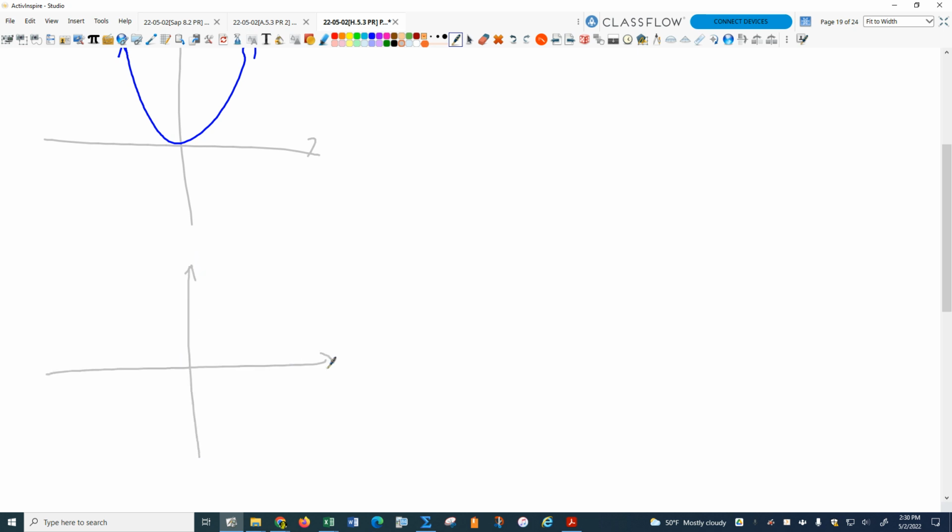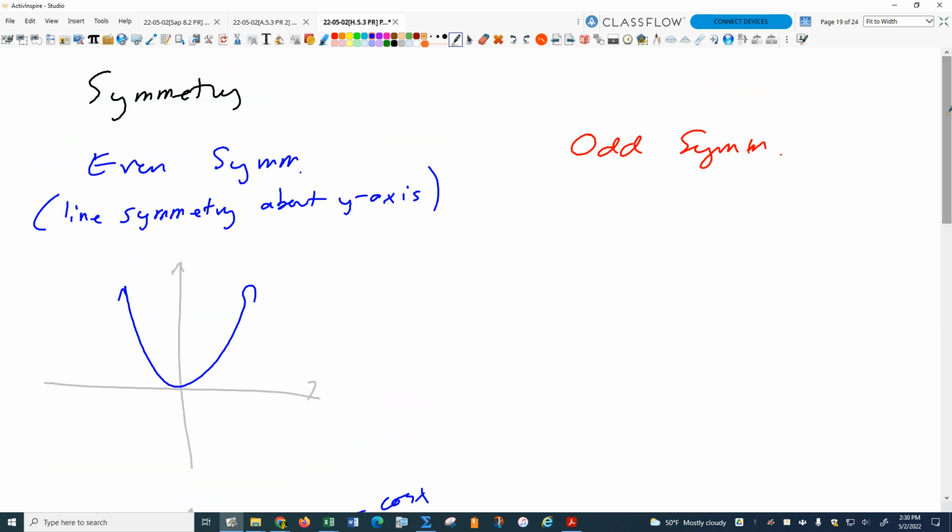If I look at a cosine function, you'll see that next year. It has folding symmetry about the y-axis, right? So those are all examples of even symmetry. Okay, what's our test for even symmetry? This is important.